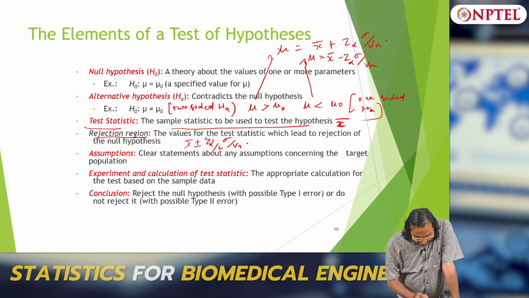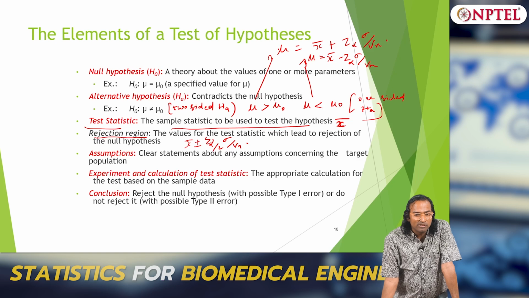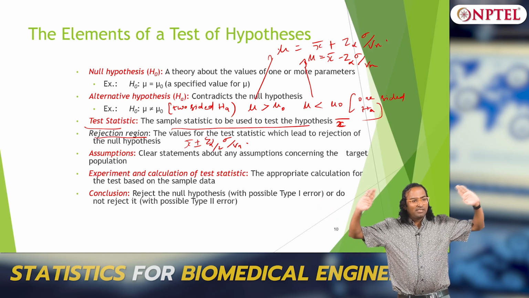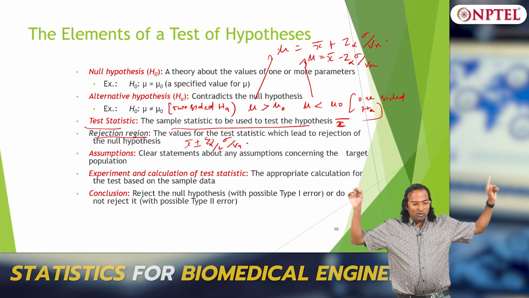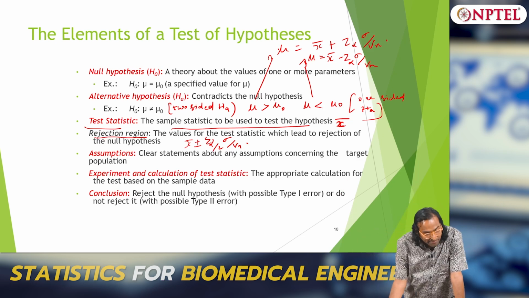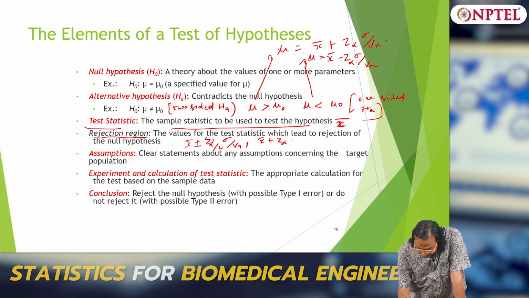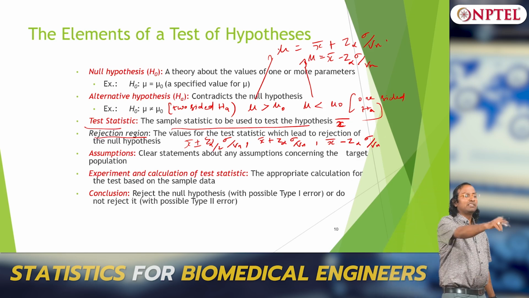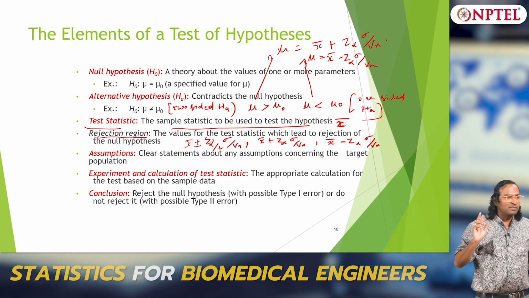So coming back, what is my rejection region? For two sided, it will be both ends. So the rejection point or the starting is x bar plus or minus z alpha by 2 into sigma by root n, and for one sided, x bar plus z alpha into sigma by root n or x bar minus z alpha into sigma over root n, depending upon the hypothesis, right.